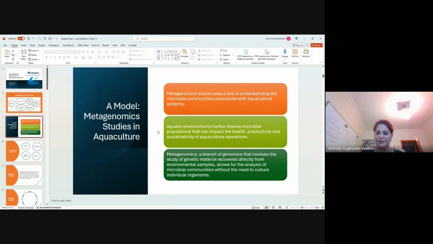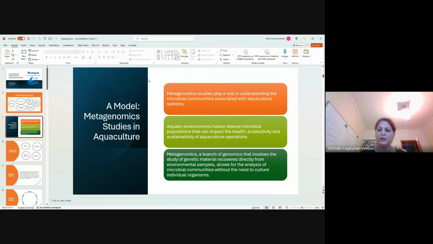Furthermore, it helps in understanding the roles of microbes in nutrient cycles and their ability to break down waste products. Additionally, monitoring for antibiotic resistance genes can be helpful in assessing the impact of antibiotic use in aquaculture and guiding regulations to minimize the development of resistant bacterial strains.